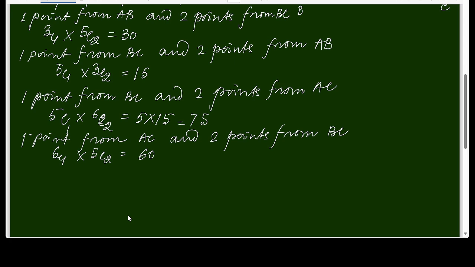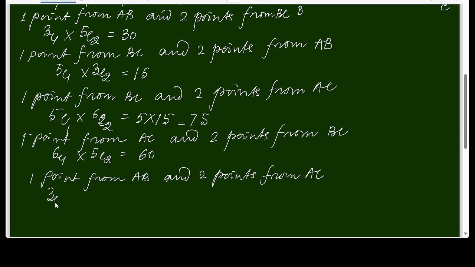One is left only, AB and AC. 1 point from AB and 2 points from AC. It will be 3C1 multiplied by 6C2. So it will be your 45.